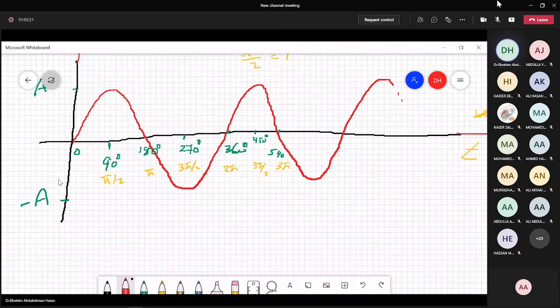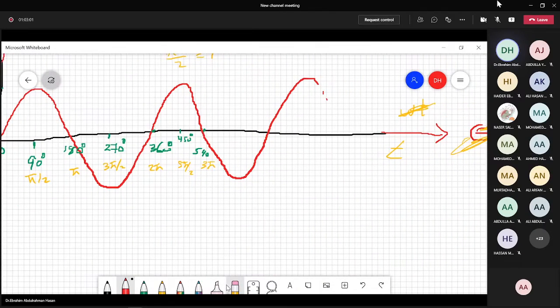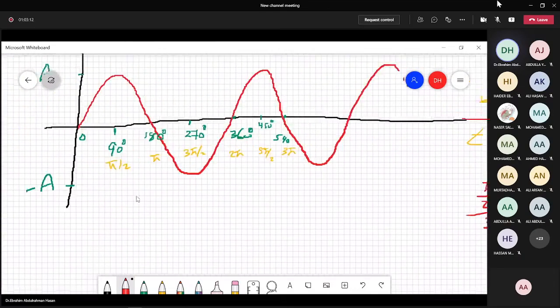All this angle in radians, you need to divide by omega. So pi over 2 divided by omega. Here I assume that omega equals 314.